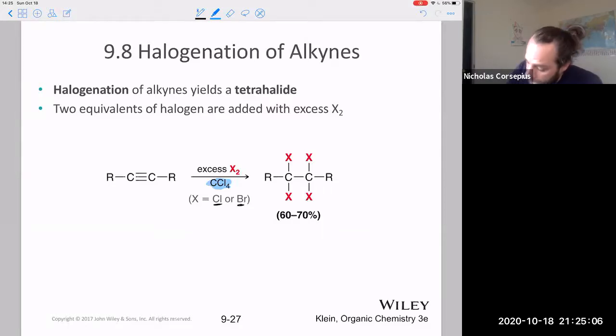What you're going to get with an excess, here are our two sp hybridized carbons, is full halogenation of both of them. So now two new halogen bonds have been created on each. This is with an excess of whatever halogen it is, chlorine gas or liquid bromine.